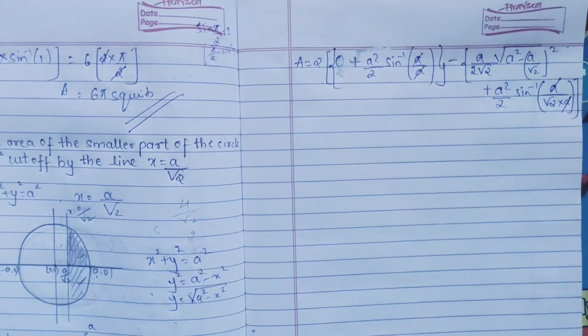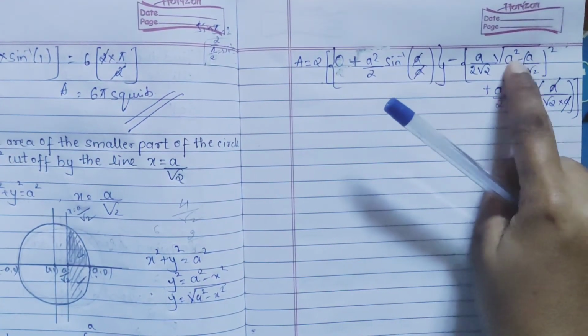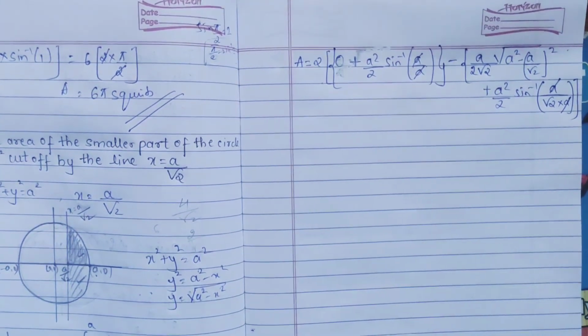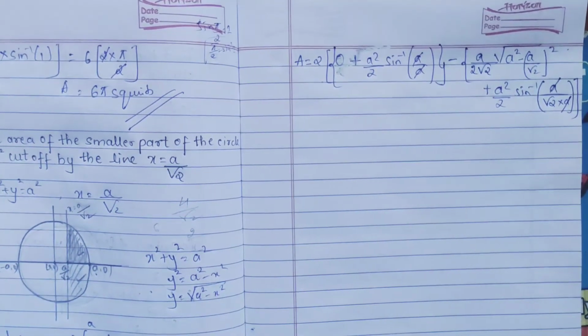So a square minus a square, this part also becomes 0, the above part becomes 0.